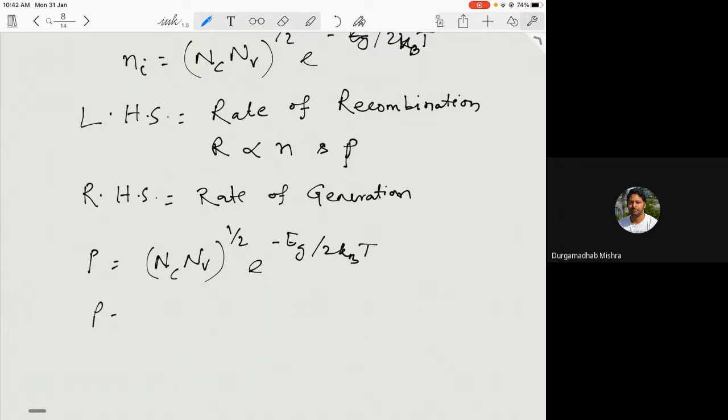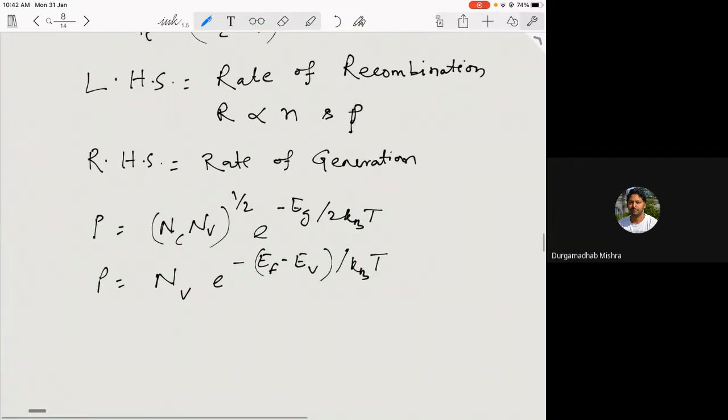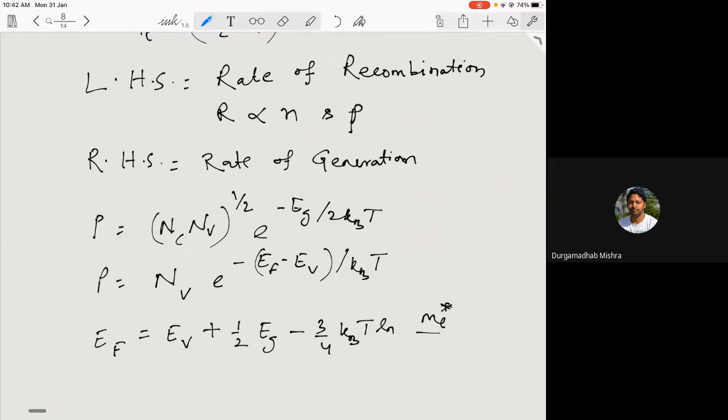Another, which we calculated earlier using the distribution, is minus (Ef minus Ev) by kBT. Now if you equate these two, you will get an expression for the Fermi level: Ev plus half Eg minus 3 by 4 kBT ln(me star by mh star).